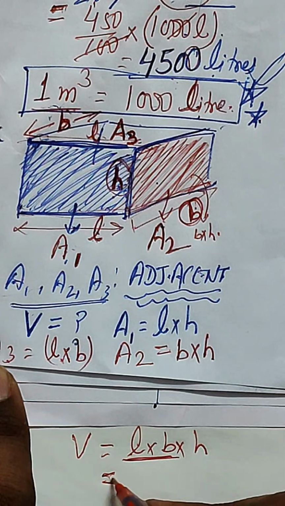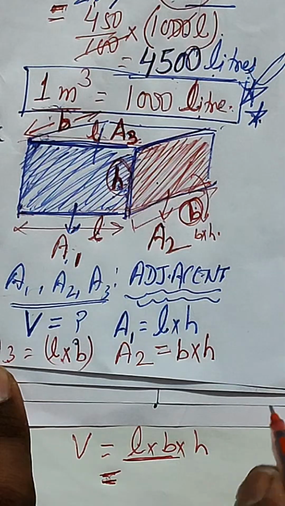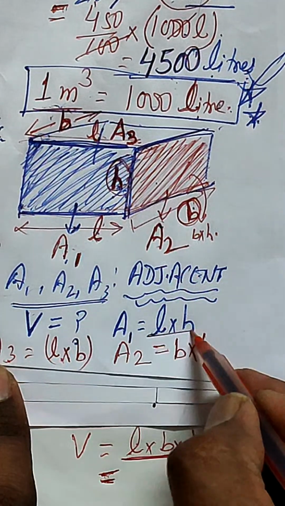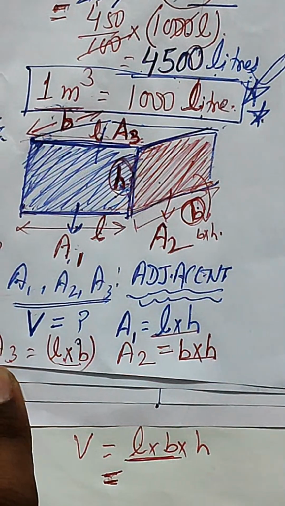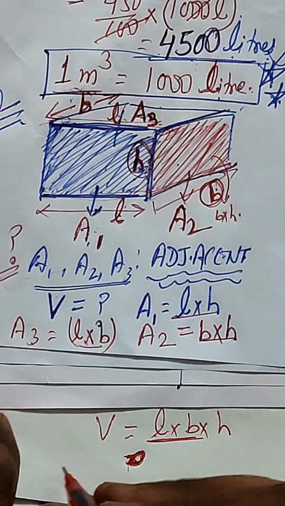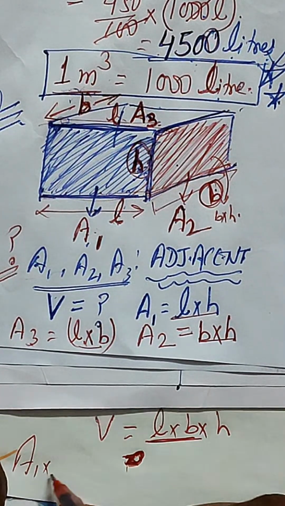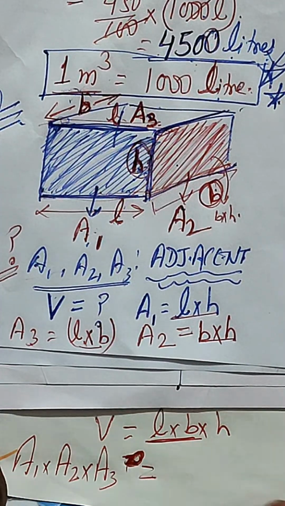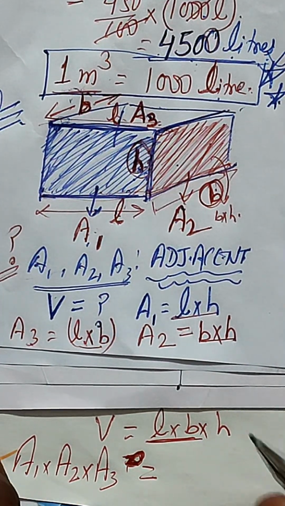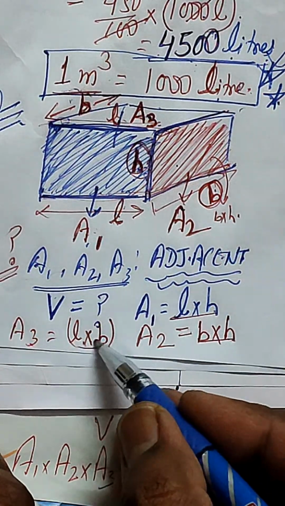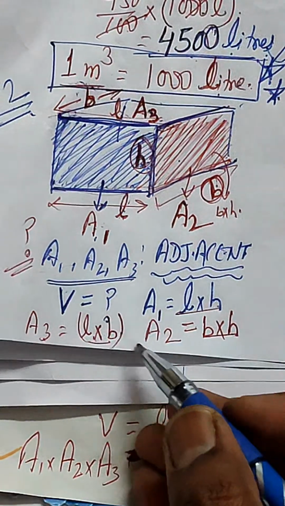Or when you simply multiply A1, A2 and A3, these three will be multiplied. So before writing it, just multiply A1 into A2 into A3. What will you find? L into H will be multiplied with B into H, multiplied with L into B.